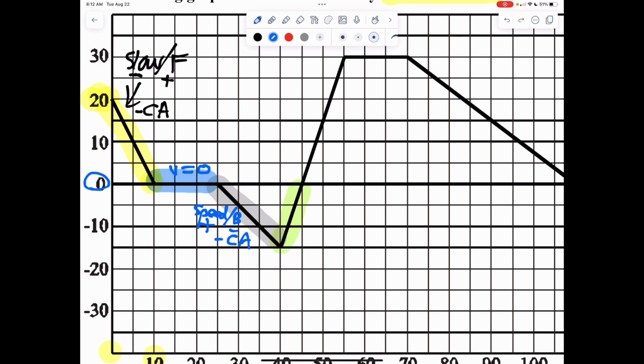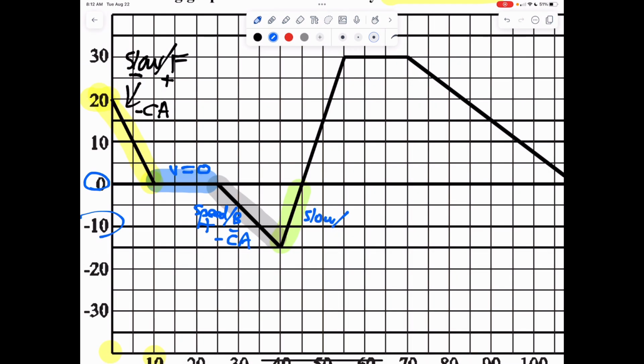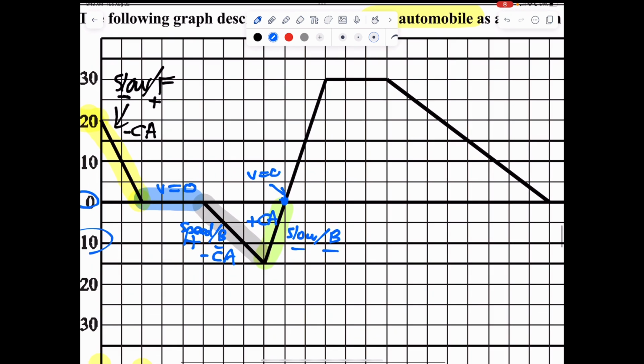The car slowed down, but in the negative direction. So the car slowed down going backwards. Both of those negatives mean that this little section is positive constant acceleration. The car has also stopped right there, so v equals 0 right at 45 seconds.